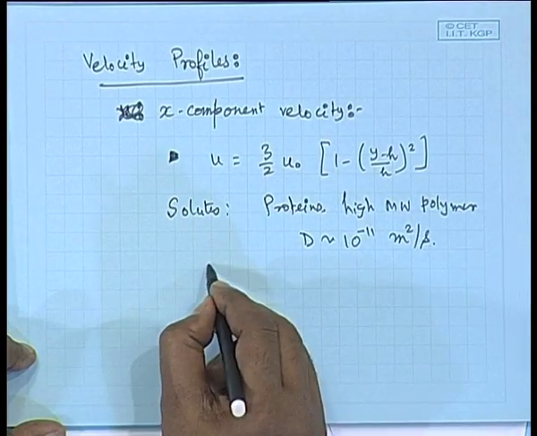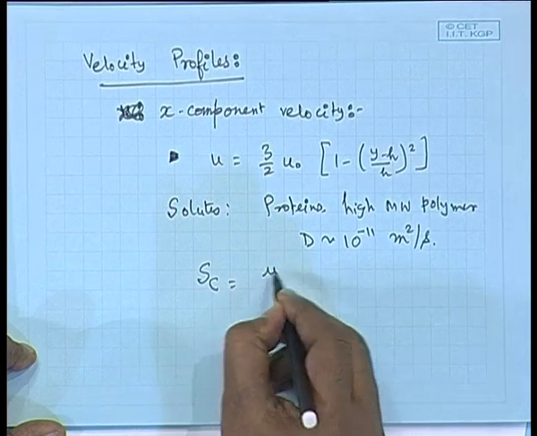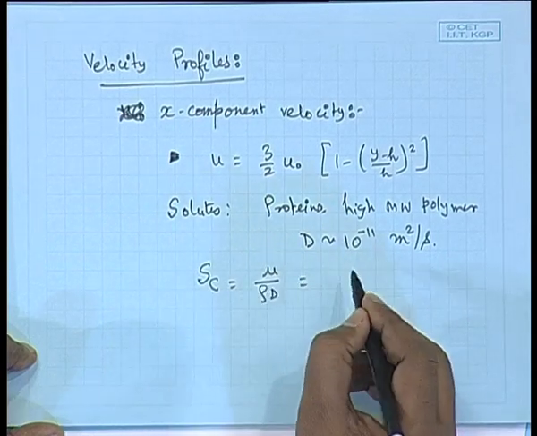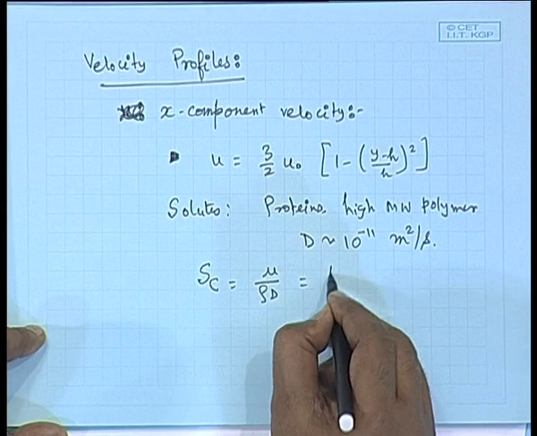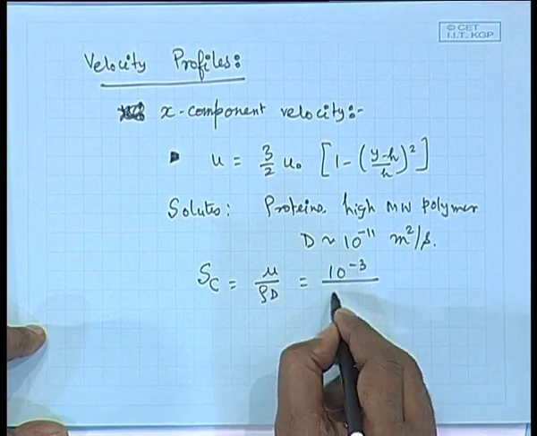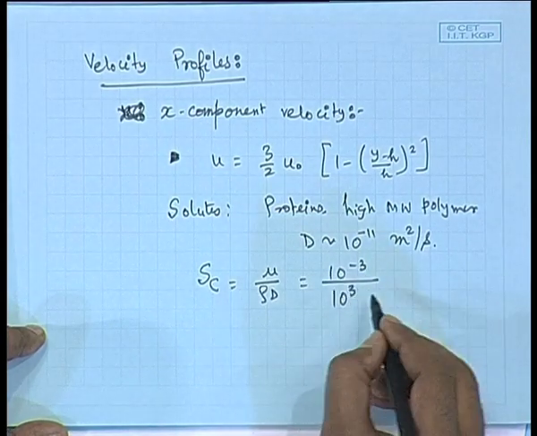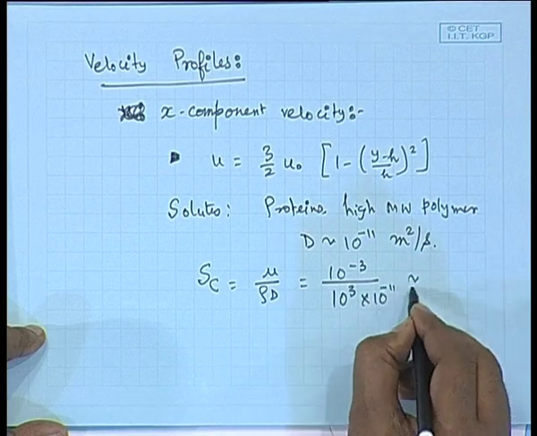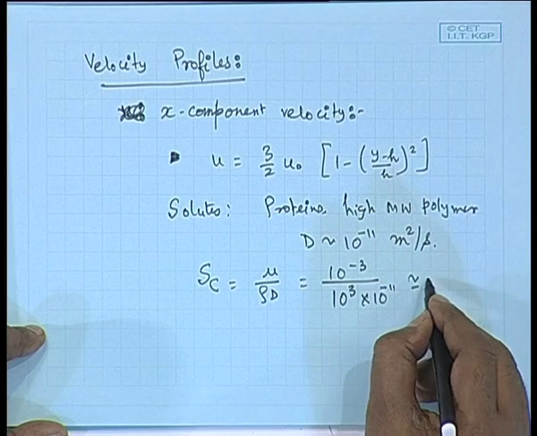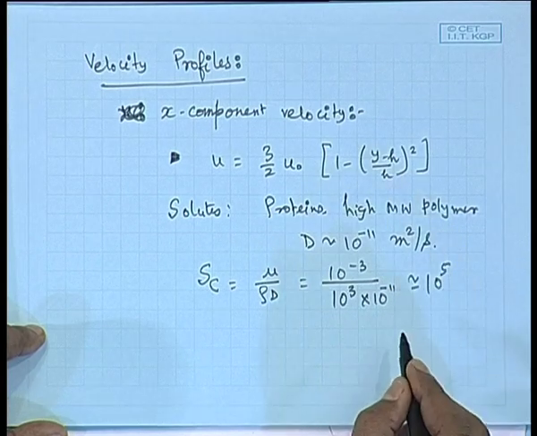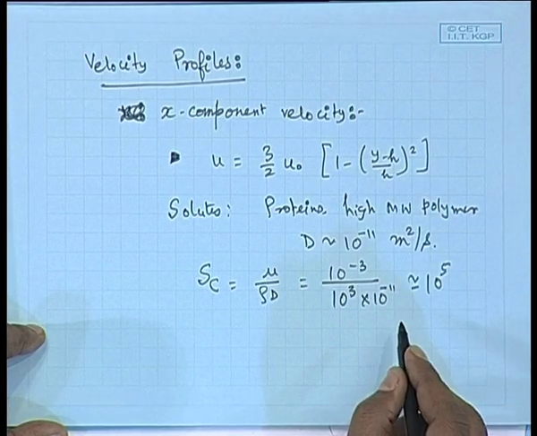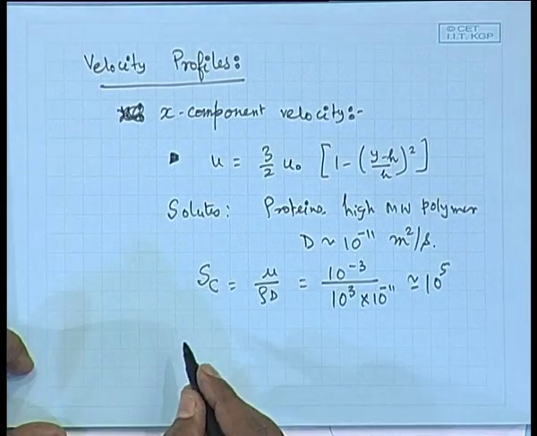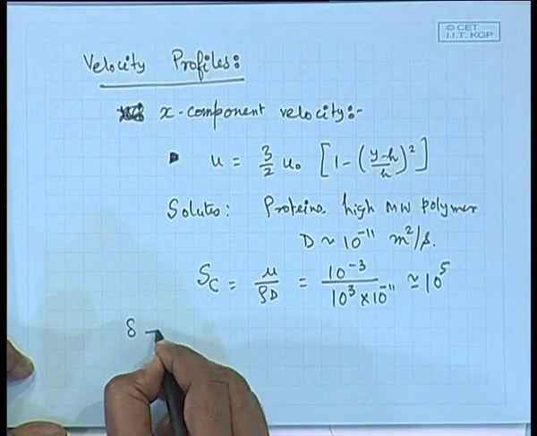Now, let us look into the Schmidt number. Schmidt number is mu by rho D. Let us take the water values. Water viscosity is 10 to the minus 3 Pascal second, density is 1000 kg per meter cube, and D is 10 to the minus 11. So, it will be coming out to be 10 to the power 5. Schmidt number will be 10 to the power 5.